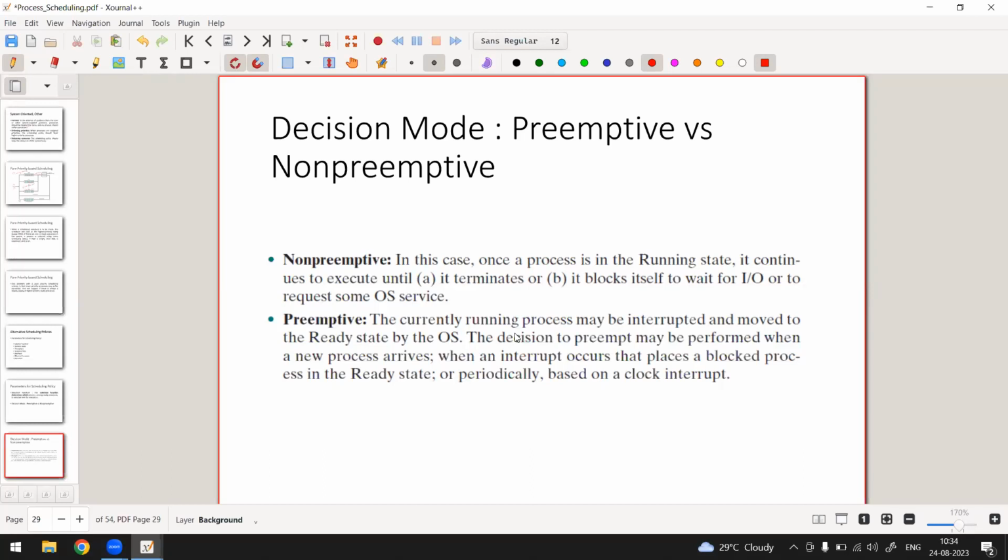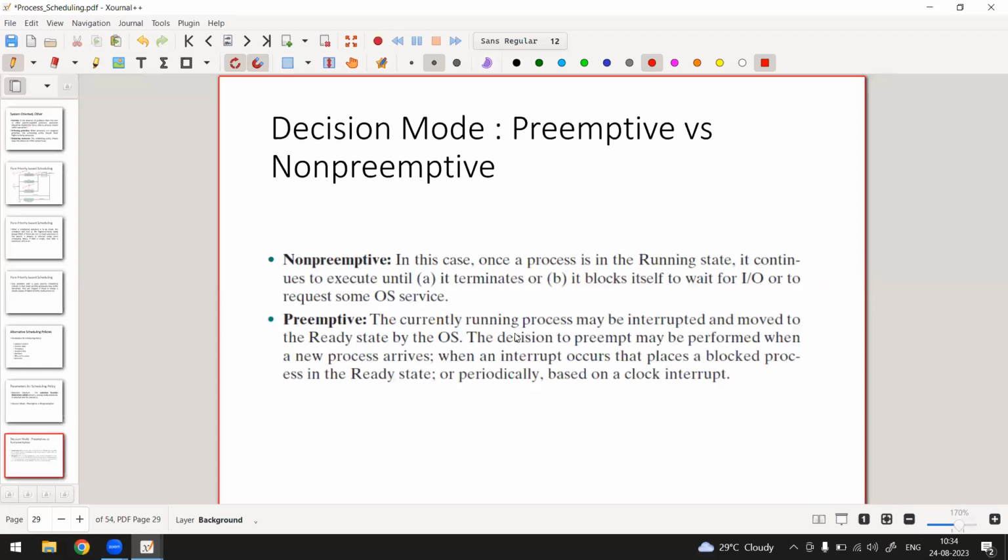So depending upon the policy, this decision may be taken. What is the meaning of preemption? Basically, it means to hold, to stop, to pause.